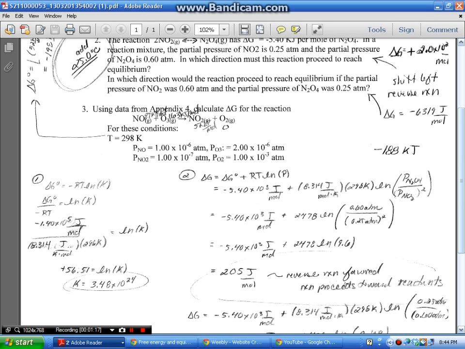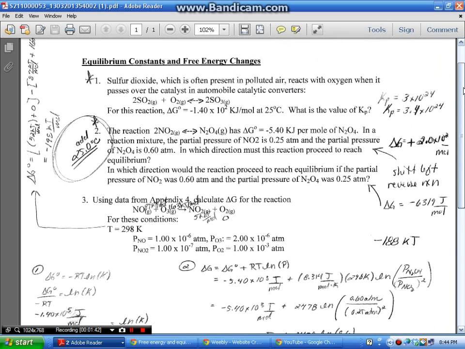I've chosen to change my delta G naught to joules per mole, so I can just use the 8.314 joules per Kelvin mole. Then your temperature equals your natural log of K, taking, of course, the inverse log of that. Then I end up with that value for K. So you can see we're largely favoring right for that situation.